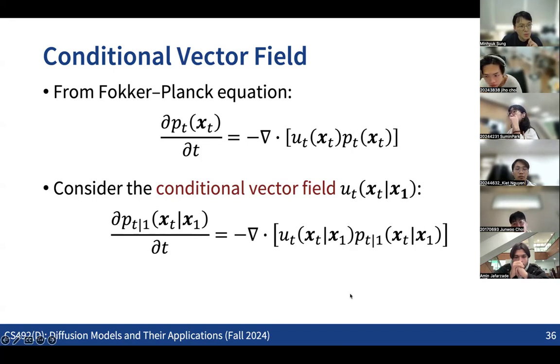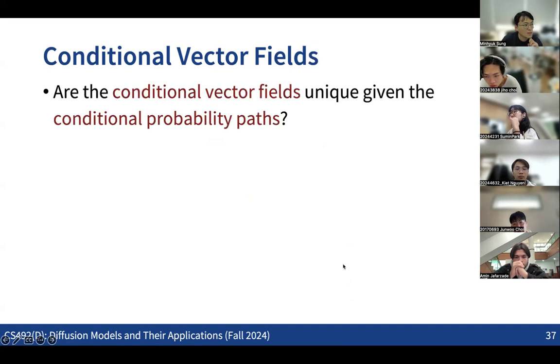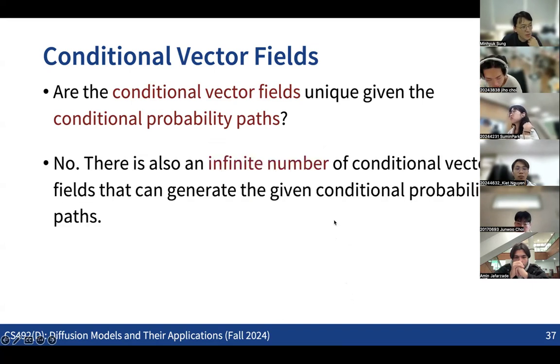So here, one more thing that we are going to see is: given the conditional probability path, is the conditional vector field unique? The answer is also no. There can be an infinite number of conditional vector fields given the conditional probability distribution. Which means that there are many options, both for the conditional probability path and for the conditional vector fields.